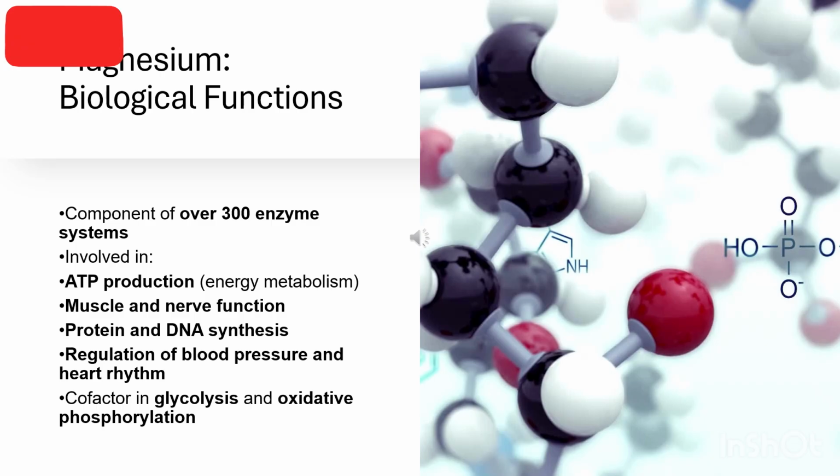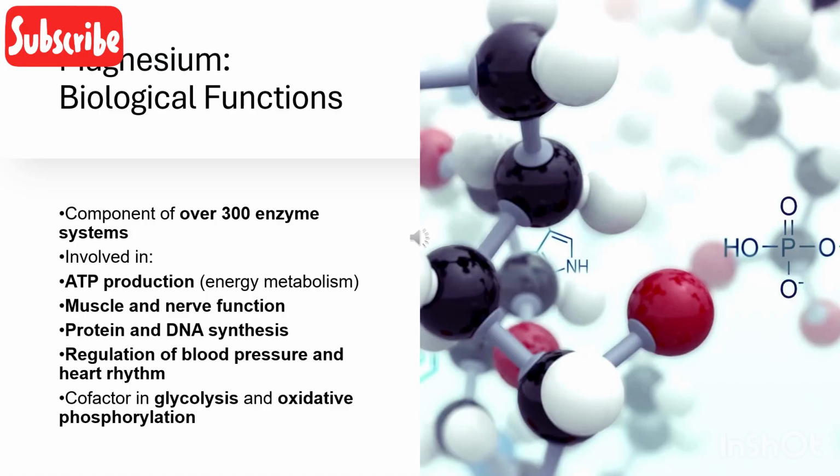Now, let's talk about magnesium and its biological functions. Magnesium is an incredibly versatile element, I must say. It serves as a cofactor for over 300 enzyme systems that regulate a wide range of biological reactions. It is crucial for ATP production, since ATP actually exists as a complex with magnesium ion, so we call it magnesium ATP.